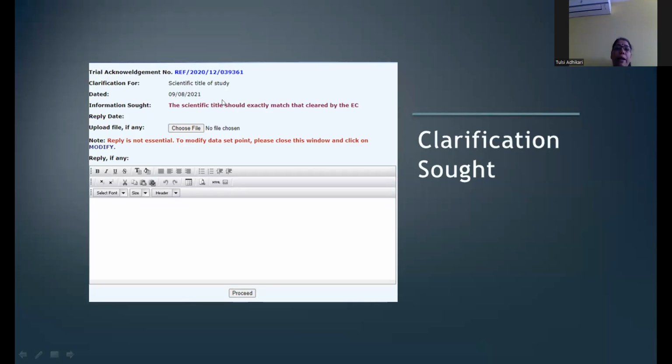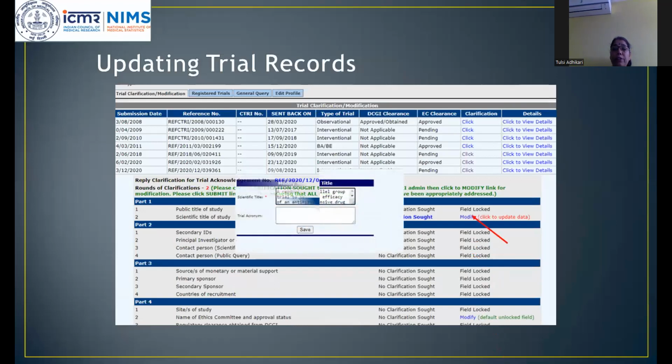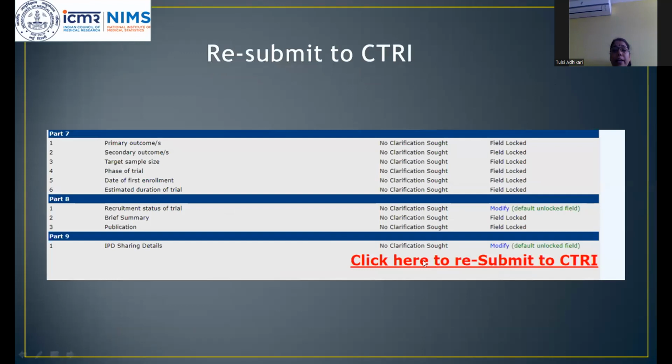If it is not matching, we will send you this clarification, and then you just modify. When you click on modify, the scientific title present is this, incorrect, then you have to modify this one and save, and then again click to resubmit the trial to CTRI.